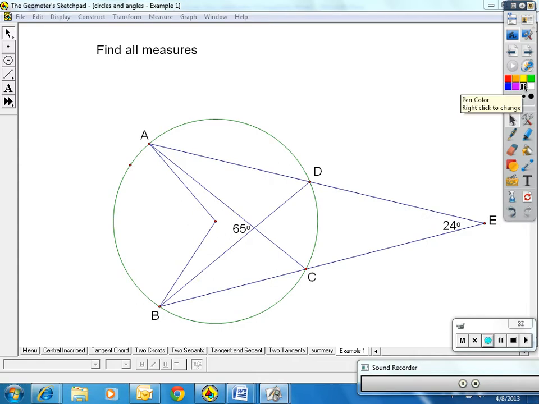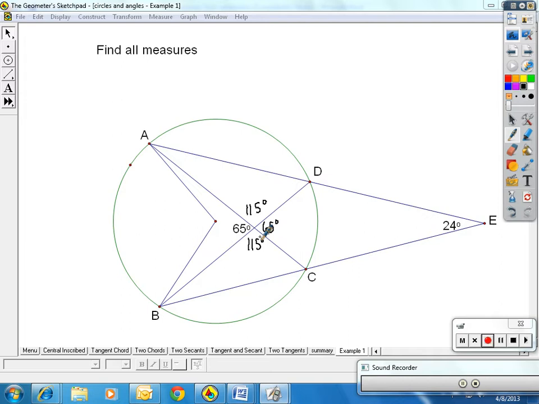If this is 65 degrees, its vertical angle is also 65 degrees. So that must be 65 degrees. And if that one is 65 degrees, then its supplement is 115 degrees, because they have to add to 180. So those 4 angles are easy.